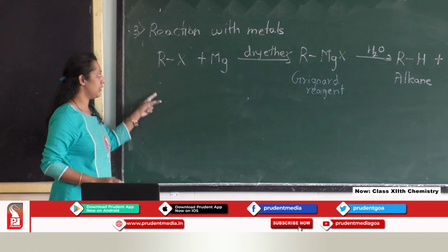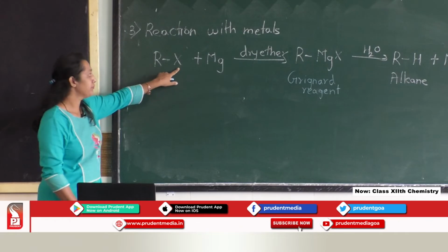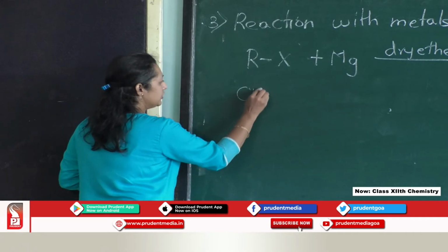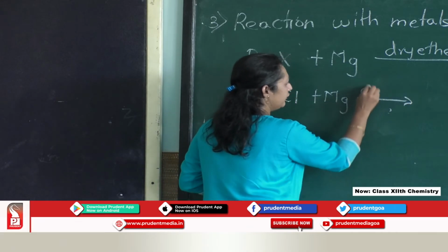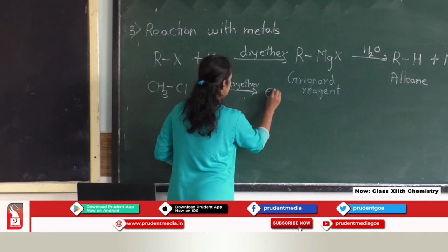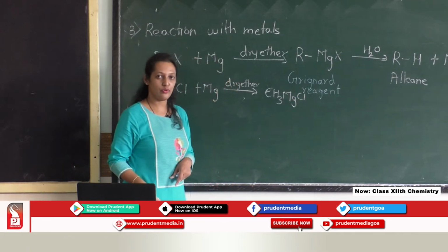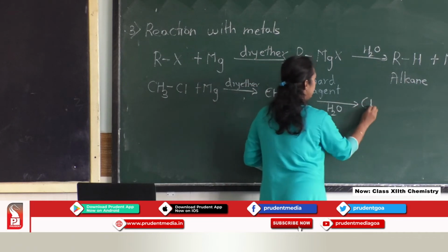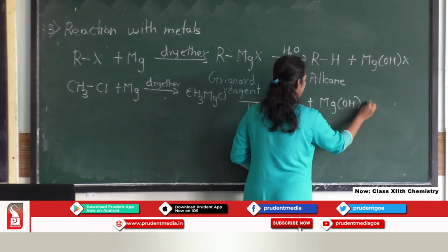We can try a different example. R we can replace with CH3, X we can replace with Cl or Br. If I take R as the methyl group, the reaction will become CH3Cl plus Mg in presence of dry ether. CH3MgCl, that is methyl magnesium chloride, will be formed, and methyl magnesium chloride when treated with water will give an alkane along with a byproduct.